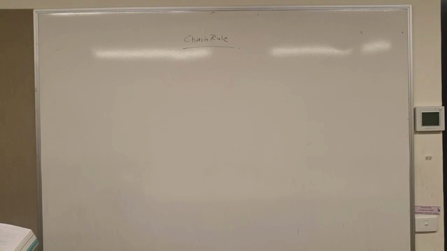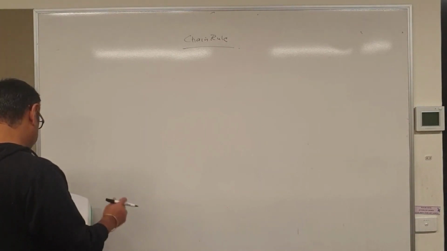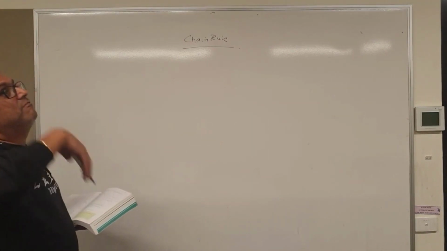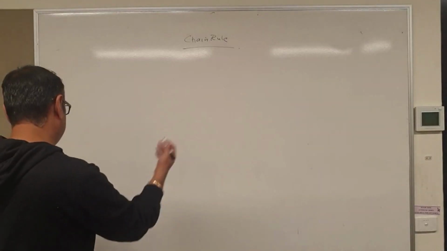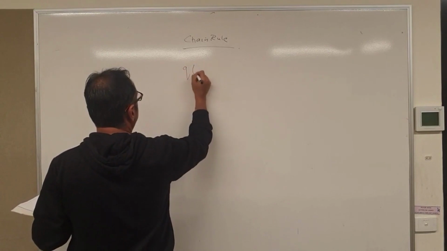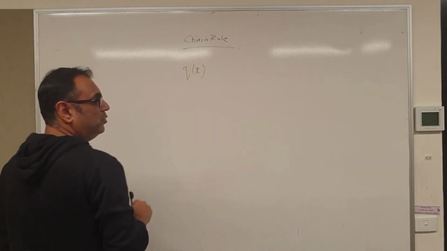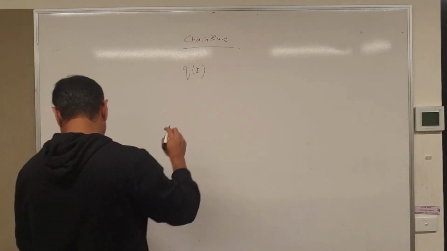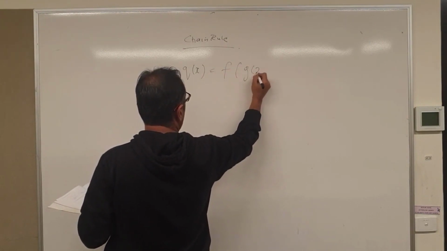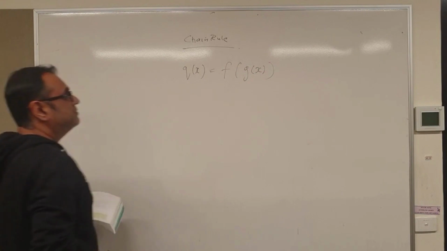It's usually when you have something in brackets. If you have a function of a function, the function of a function. So if you've got, let's say, a function q of x, which is f of g of x.